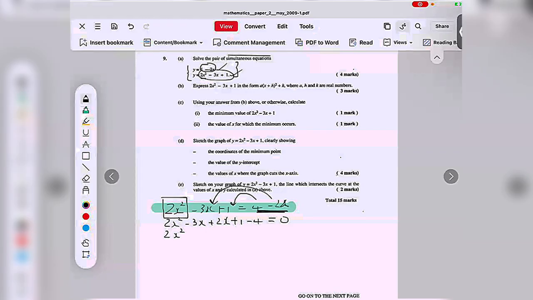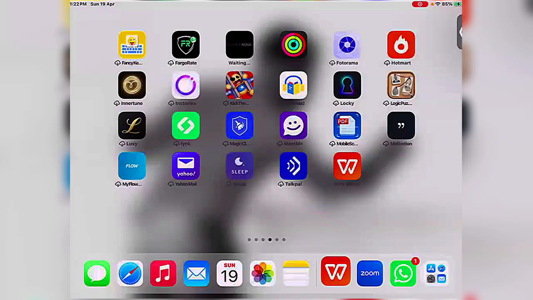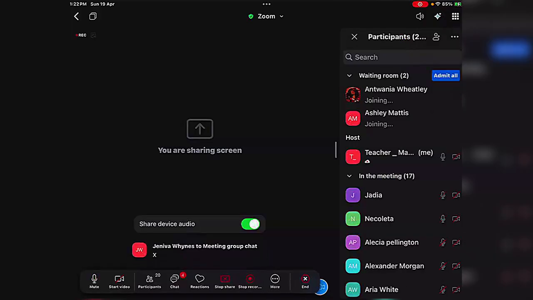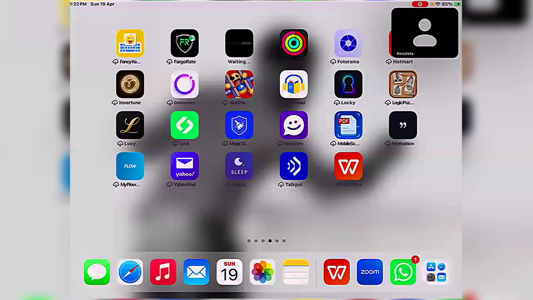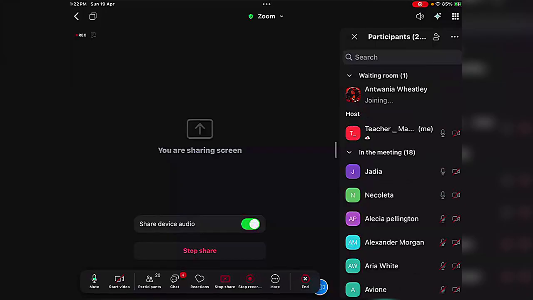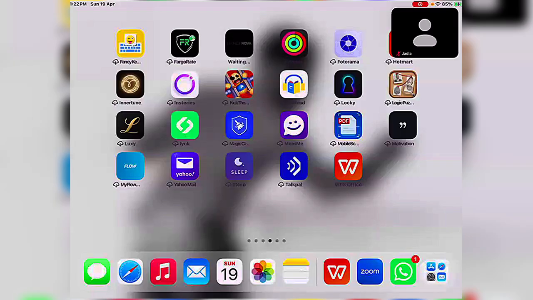All right. What is minus 3x plus 2x? You owe 3, you pay 2, left 1. Correct. Left 1 what? 1x.